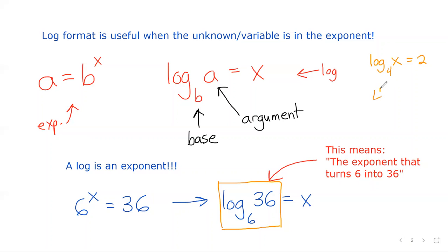The base is 4. The exponent is 2. And it's actually the argument that we don't know here that we can now easily solve for. So sometimes you'll get questions in exponent format that actually should be in log format, and you convert them. Sometimes you'll get one in log format that really shouldn't be, because the exponent isn't the unknown part. If that's the case, then you convert it into exponent format and solve.